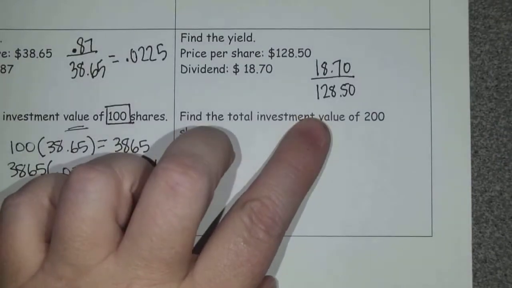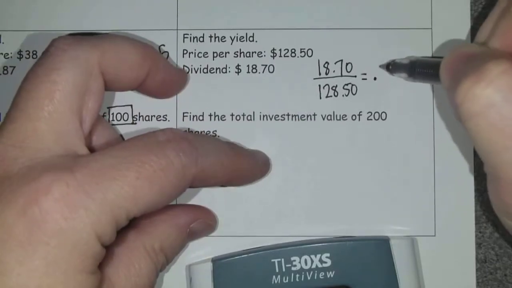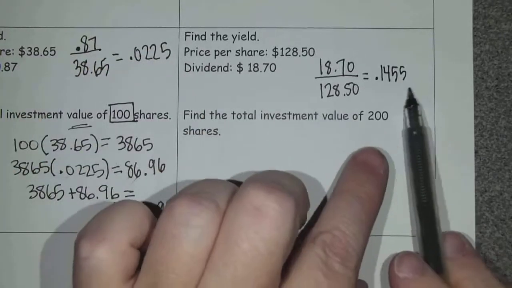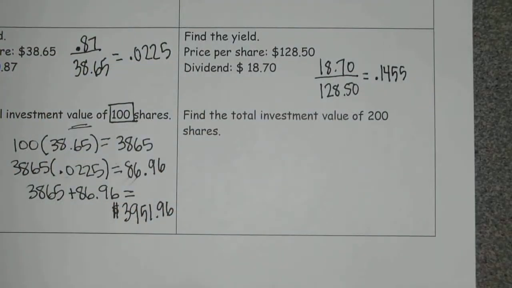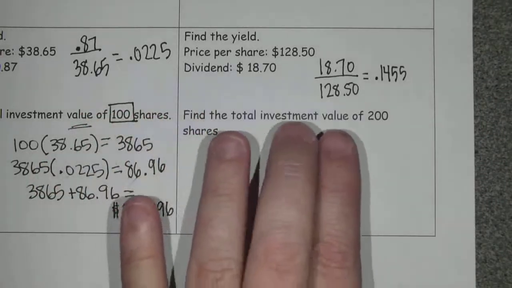I'm going to do that math. When I do that, I get my yield as 0.1455, which is really a 14.5% yield. That's a pretty good income on shares of the company that we've bought.